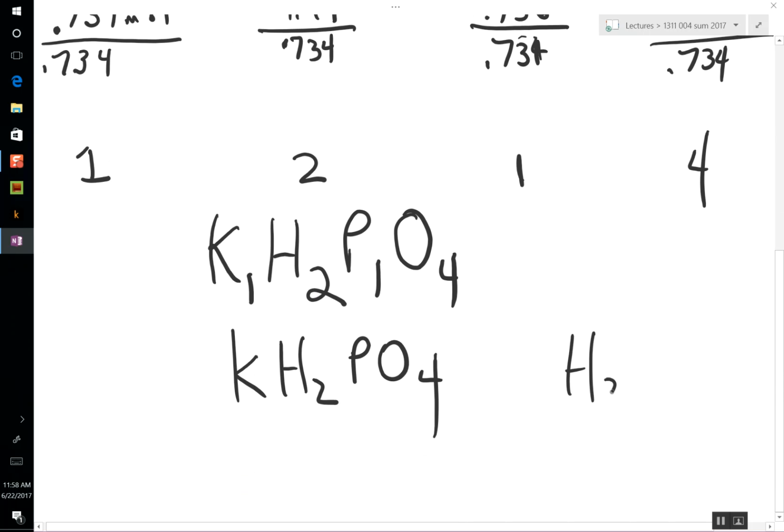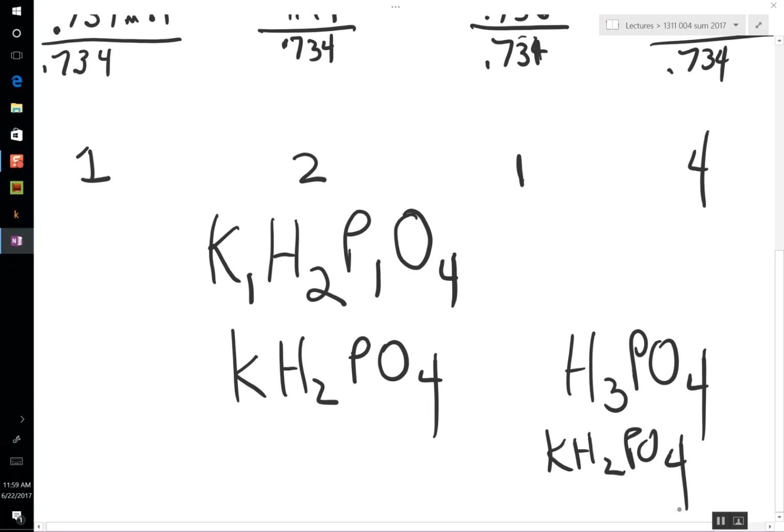This is a compound, H3PO4. There's phosphoric acid. Now, what have we done here? We've taken one hydrogen away and replaced it with potassium. So we have potassium dihydrogen phosphate. And that's the ratio of these elements to it.